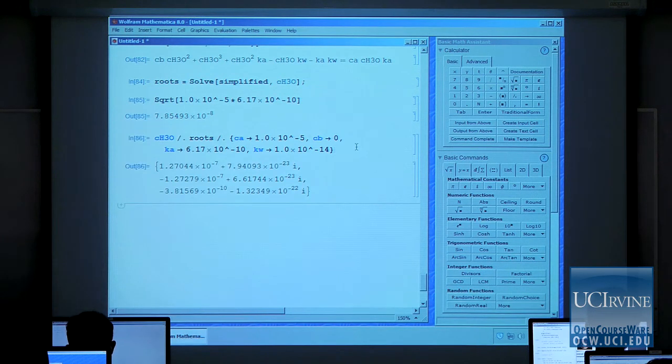And notice, well, we got 3 roots. Okay, that's to be expected. Now, notice we got complex roots.